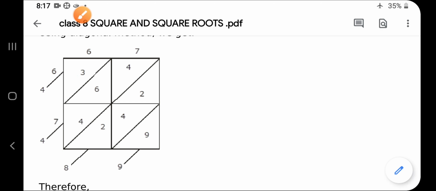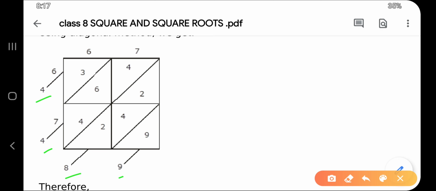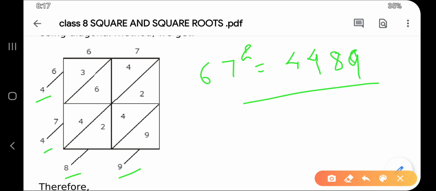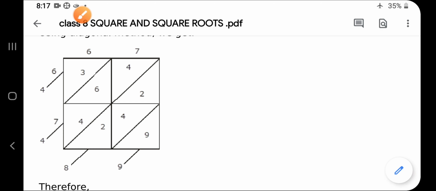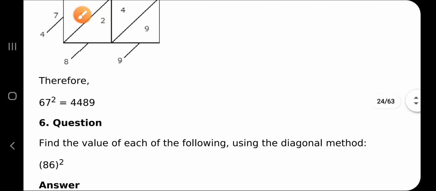Now you have these numbers, and this is the square of 67, that is 4489. Okay, that's it. In the same way you have to solve other questions also.